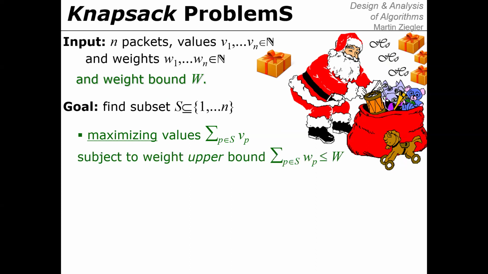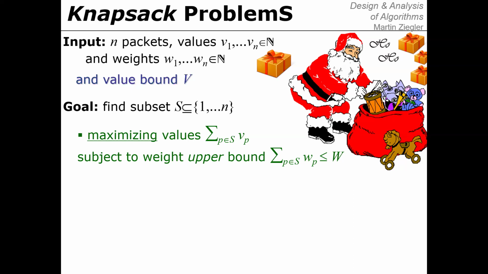So maximize subject to the constraint of an upper bound on the weight. Adding the weights should be no larger than capital W, where capital W is also an input. That's Knapsack as a maximization problem.